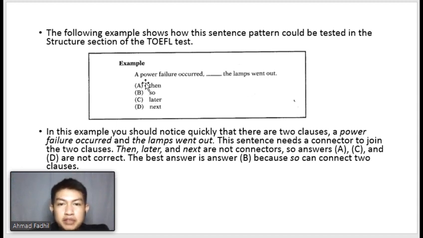First is a power failure occurred. The second is the lamp went out. The sentence needs a connector to join the two clauses. Then, later, and next are not connectors, so answers A, C, and D are not correct. The best answer is B, because so can connect two clauses.